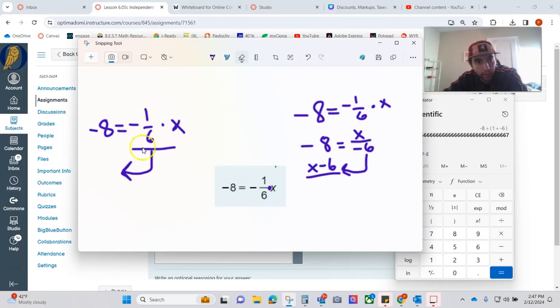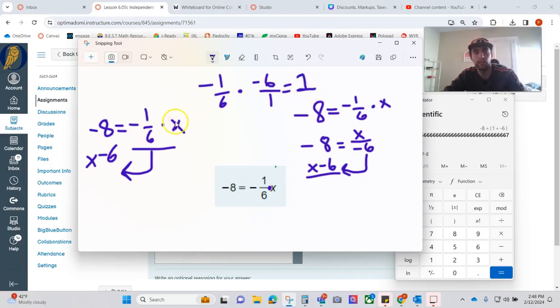Now here, the inverse of timesing by negative 1/6 is timesing by negative 6, because negative 1/6 times negative 6 equals positive 1.